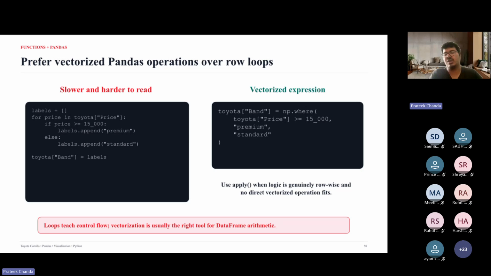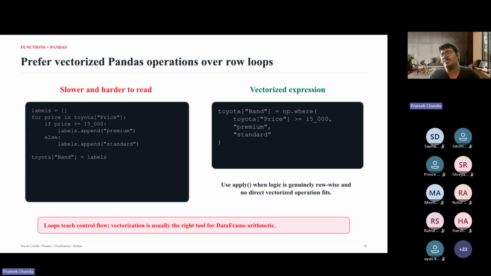On the left hand side, what we are doing is iterating through the price column in the data frame. If my price is greater than or equal to 15,000, I am appending a tag to the corresponding car. I'm adding these labels to a list, starting as an empty list.